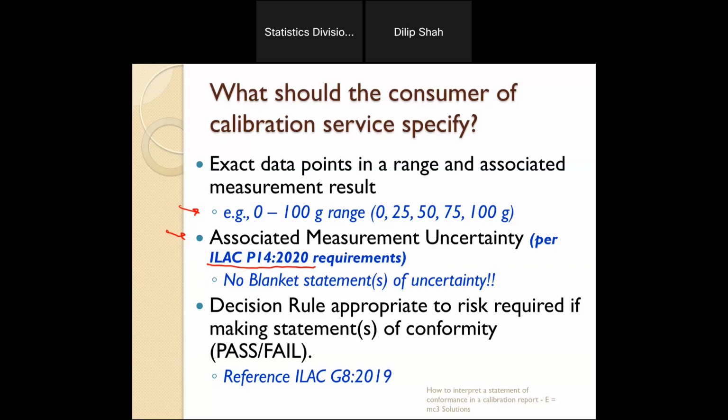And then we choose the decision rule appropriate to the level of risk that we're willing to take. And I give you the example of a tire gauge, a tire pressure gauge. If I check the pressure of my bicycle with that, I could probably take a lot more risk.